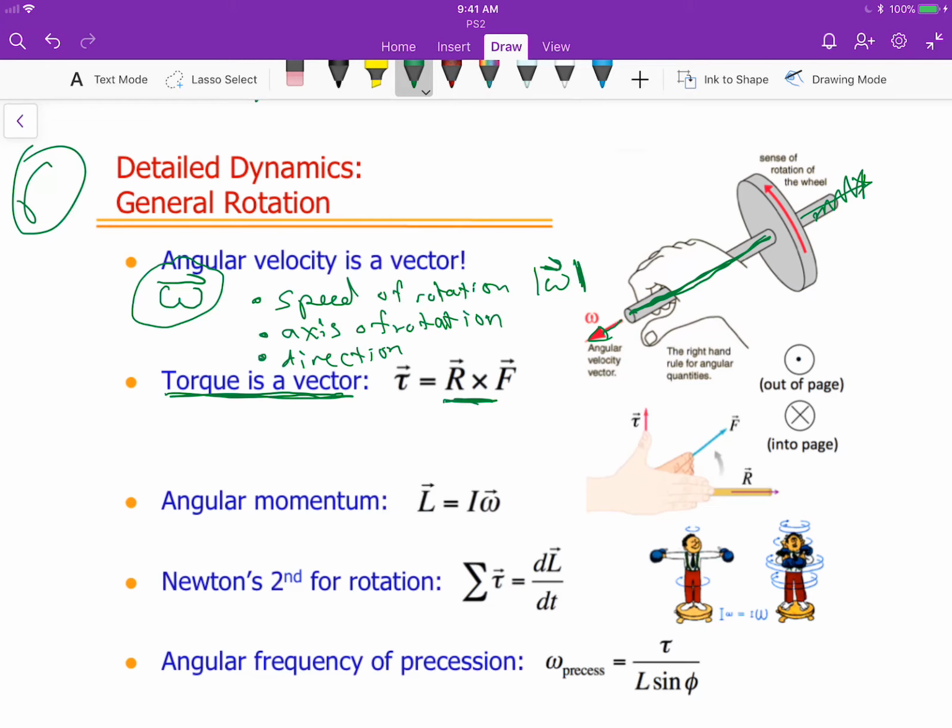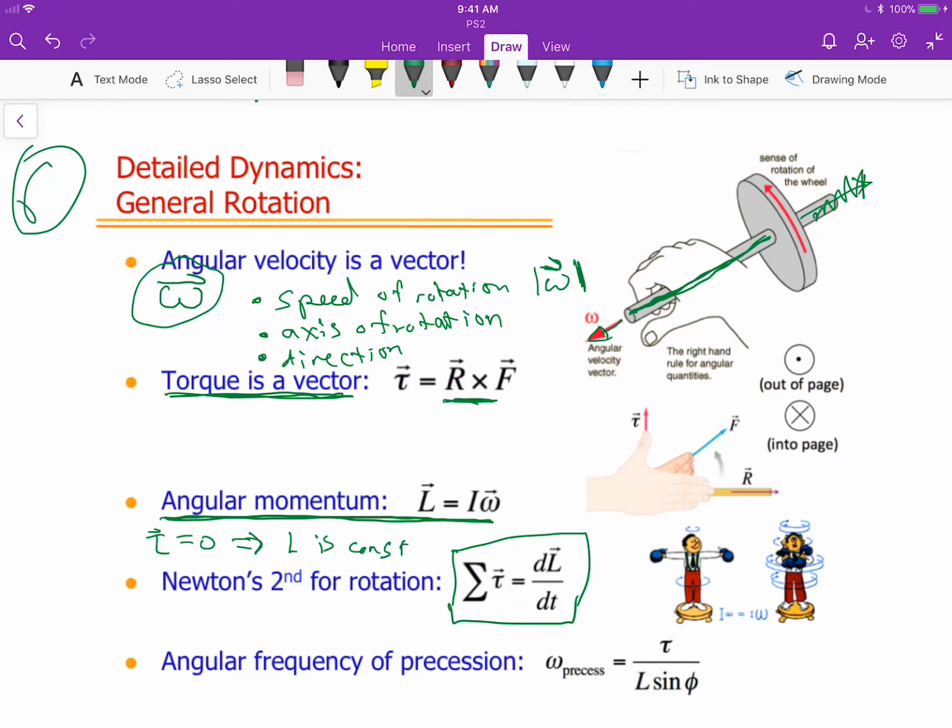So one really important consequence of all of this is that the angular momentum is equal to I omega, and if you have our torque equal to 0, that implies that L is a constant because of this equation right here.